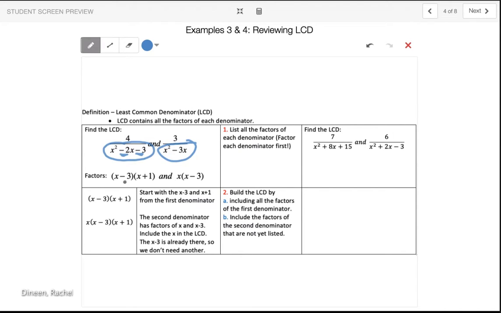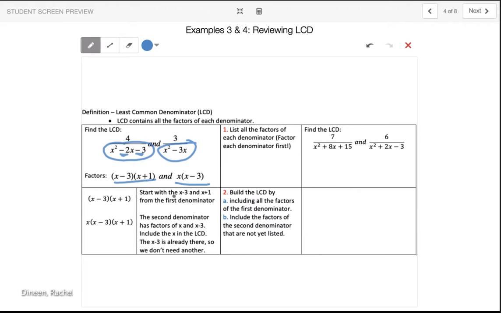Those are my factors, x minus 3 and x plus 1. Looking at my second denominator, I can factor out a greatest common factor, which is x. Factor out the x, you get x times x minus 3.